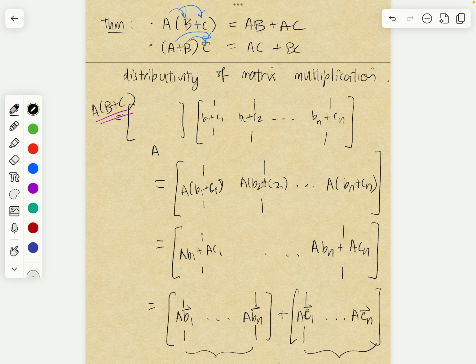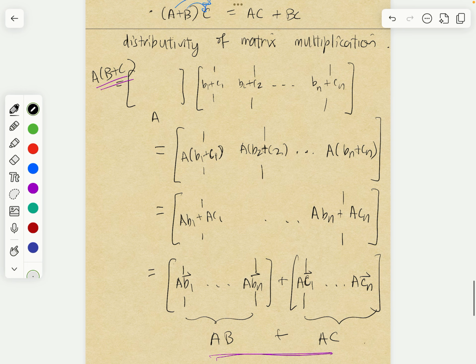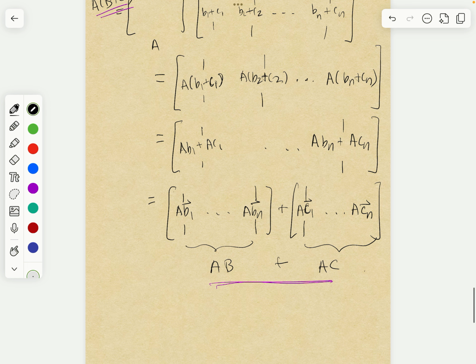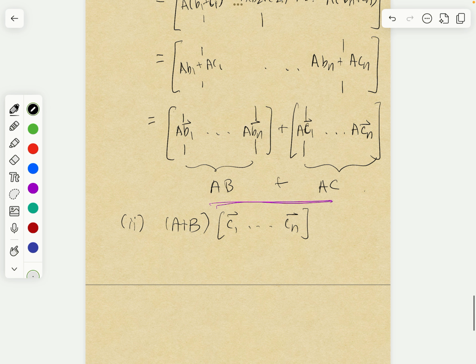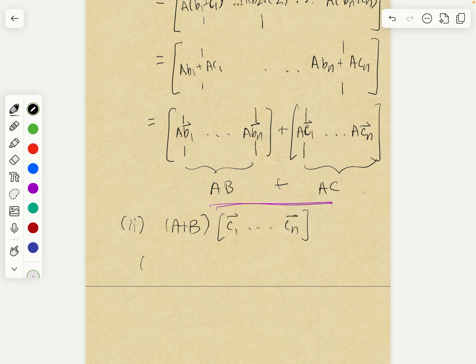The second one basically just boils down... So this is the first one, and then the second one: if I have (A plus B) times this matrix C1 to Cn, then if I take A plus B, add these matrices, and multiply them by Ci, it's the same as A times Ci plus B times Ci.